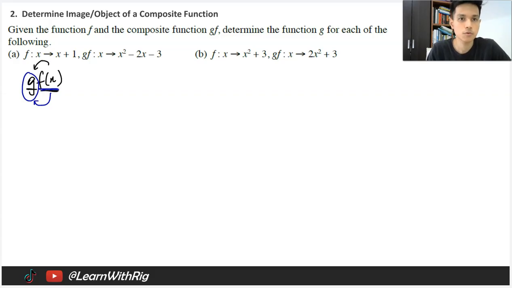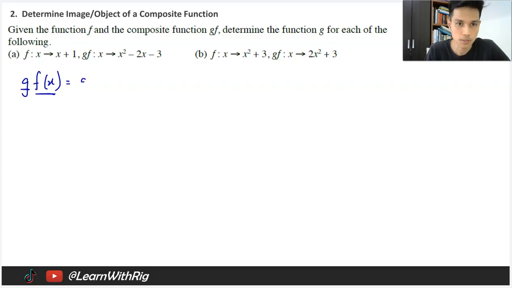Okay, so because of that, I want you guys to understand this concept. Whenever you encounter questions like this, since g(x) is not given to you and you're looking for g(x), what you're going to do is neutralize this. How are you going to neutralize? By substituting an inverse of f.